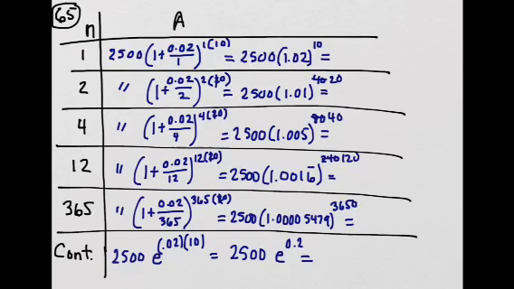And this would be 20. Okay? When you punch this into the calculator, so you simplify the parentheses, and you get 3,047.49, and then for the next one it's 3,050.48.